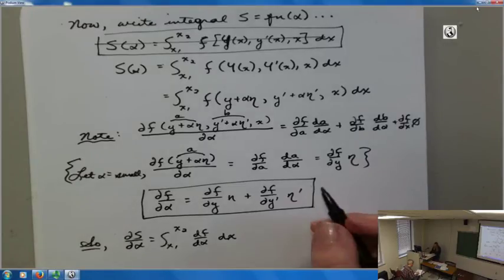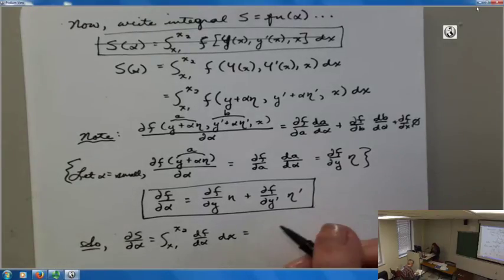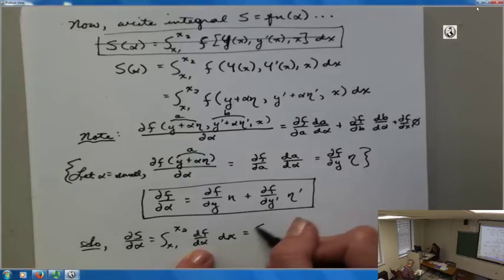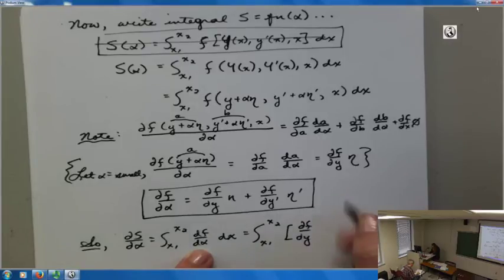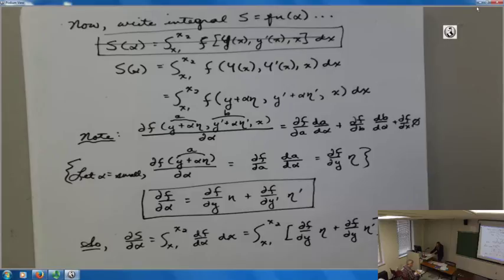All right, and I want that to be equal to 0, but I'm going to make a substitution here. Integral from x1 to x2 of df dy times eta plus df dy prime times eta prime, and I have to integrate that over dx. And that must be equal to 0. This is where we are now. All right? So what must this argument be equal to for that equality to hold?